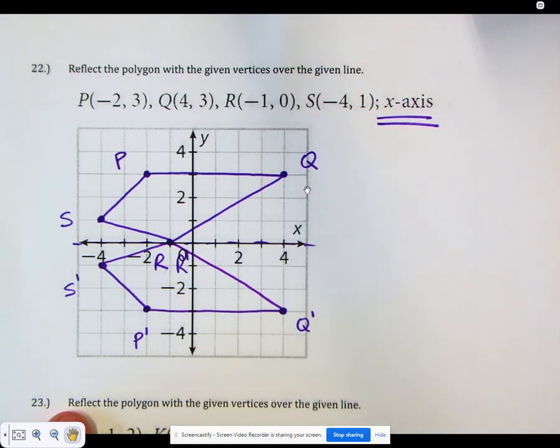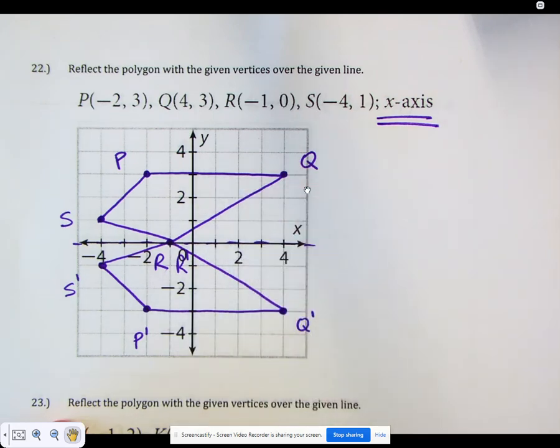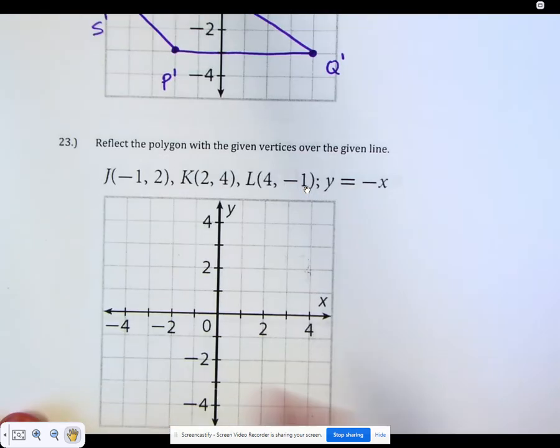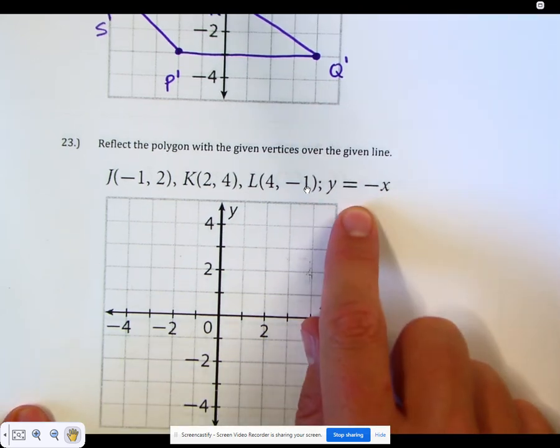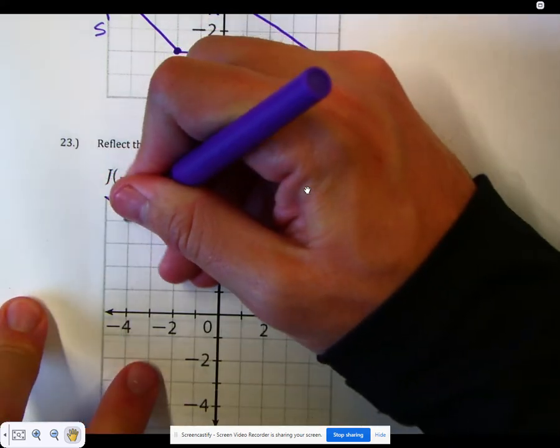Okay. So again, if you do it right, you should see a nice mirror image of your original shape. So that's all you got to do on all these. This time the reflection line is y equals negative x. That's this line.